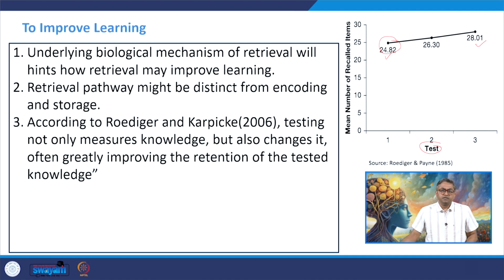According to Roediger and Karpicke, testing not only measures the knowledge, but also changes it. It changes the knowledge, often greatly improving the retention of the tested knowledge. Implicitly, it is suggesting that every time an individual undergoes a test, not only is the existing knowledge changing, but this can be treated as a retrieval process.